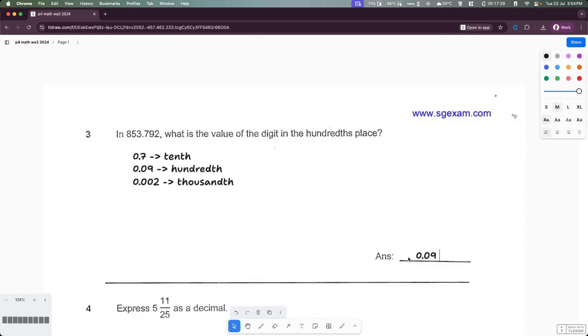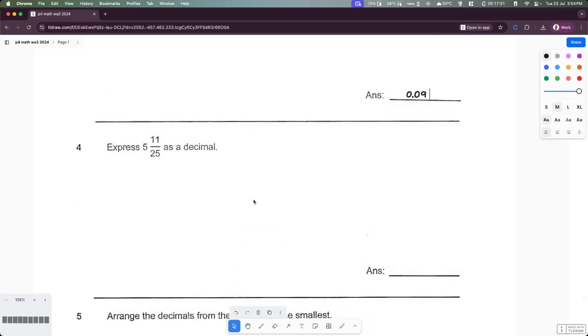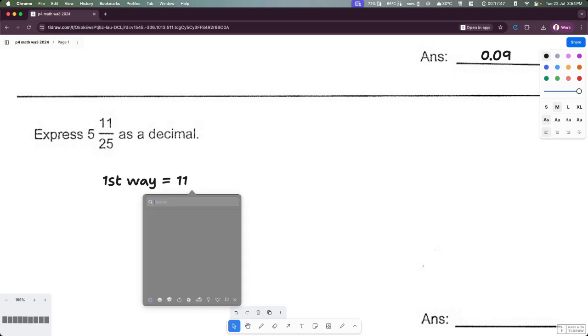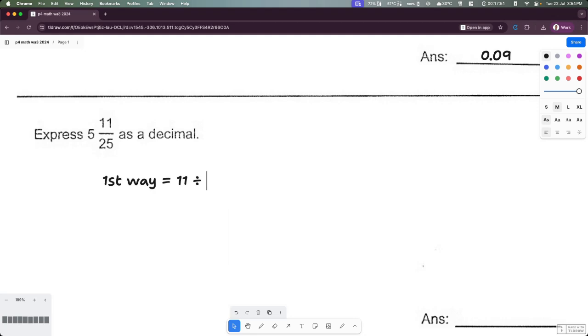All right. Okay, let's move on to the next question. Question 4. Express 5 11/25 as a decimal. Okay, so a lot of times, there's two ways, right? The first way is you can just have 11 and then you divide it by 25. Okay, so you can do your working.